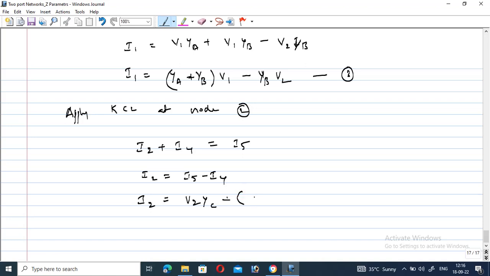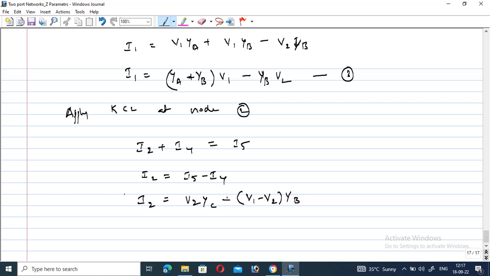Minus I4, which is equal to the difference of those two. I4 is equal to (V1 minus V2) into YB.